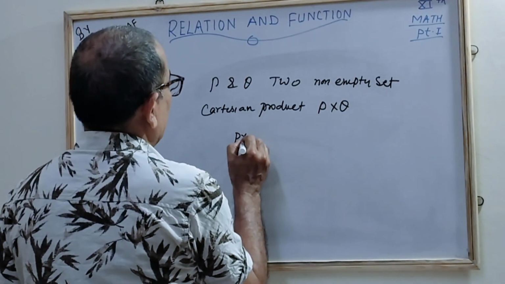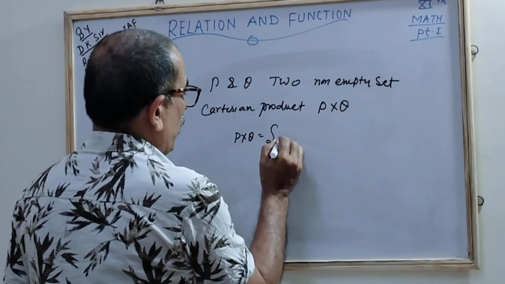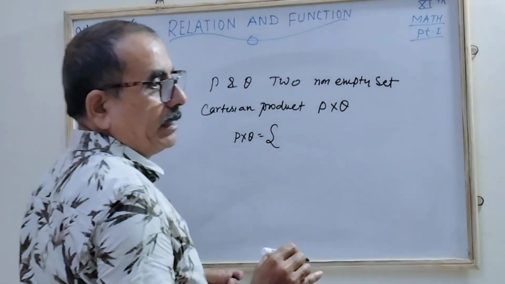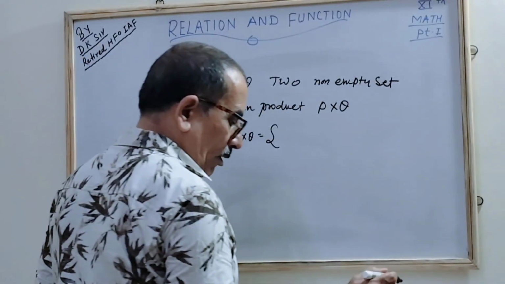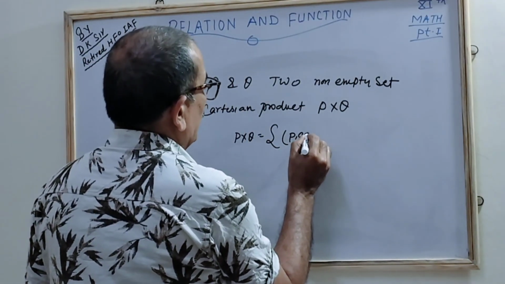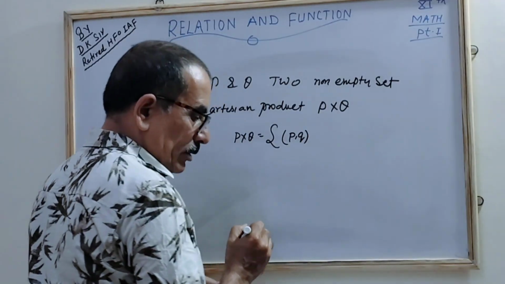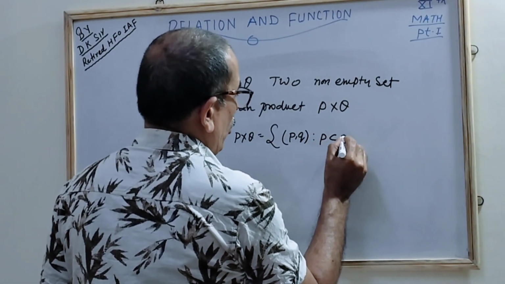So this P and Q can be the set where we can write it in this form. We can write it in a different form. We have taken P and Q, where the members are such that p is an element of P.